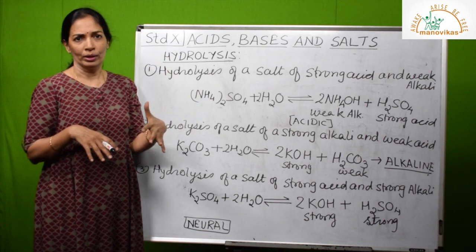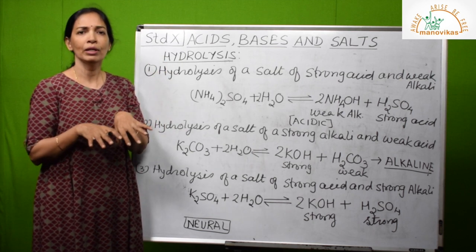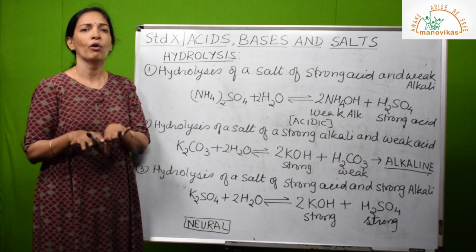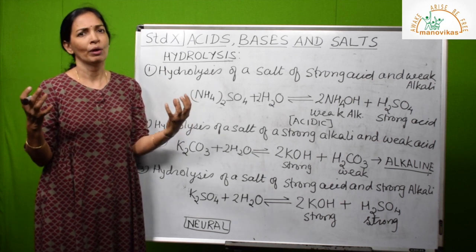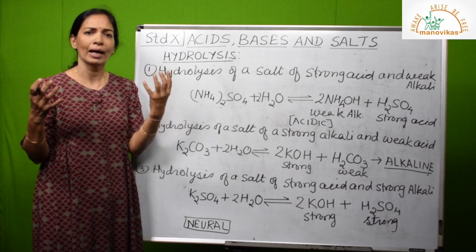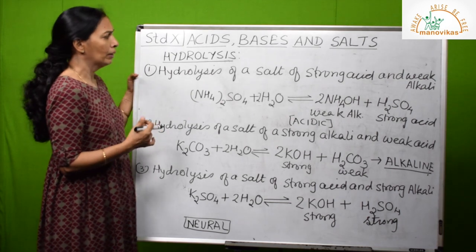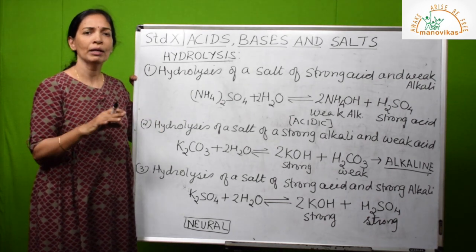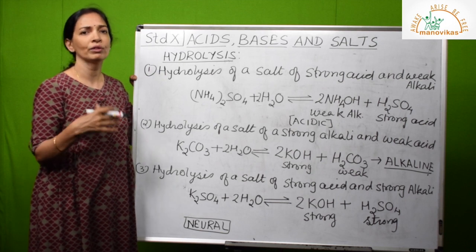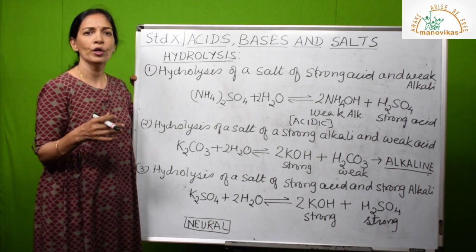In simple words, if you dissolve a salt in water, it will combine with water and form an acid and an alkali, which are called its parent acid and parent alkali. In this way, we can find out the nature of the solution, whether it will be acidic, alkaline or neutral.